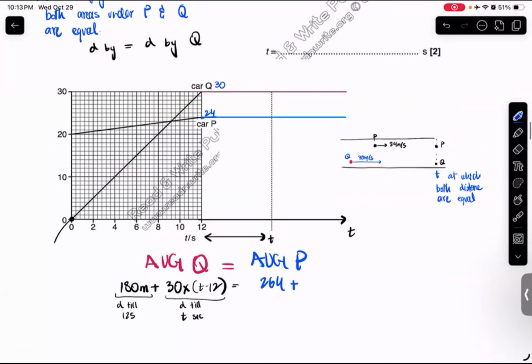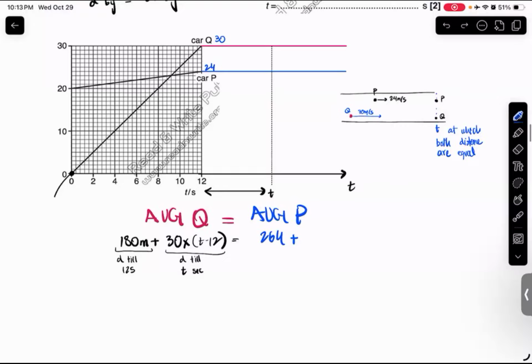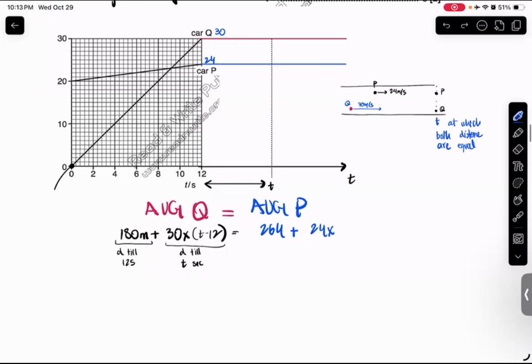Now for car P, I am going to have this extra length that I'm going to calculate this area under the graph as well, okay. Now how do I do that? That is going to be, check the length of this rectangle, that's just 24, multiplied by, again, I don't know what the base of this rectangle is. I can just write it as t minus 12. Okay. Do you see where we're getting? Do you see that I can find out t from over here, right?